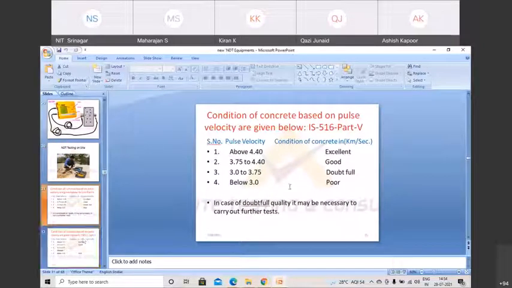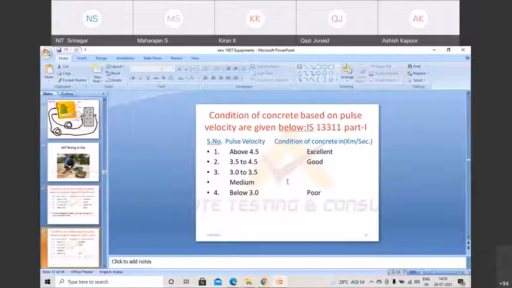Yeah, you can see here this is the IS 516 Part 5, 2019, latest code. Above 4.4 it is excellent quality, 3.75 to 4.40 is good quality, 3 to 3.75 is doubtful, and below 3 it is poor. In case of doubtful quality, it may be necessary to carry out further tests.